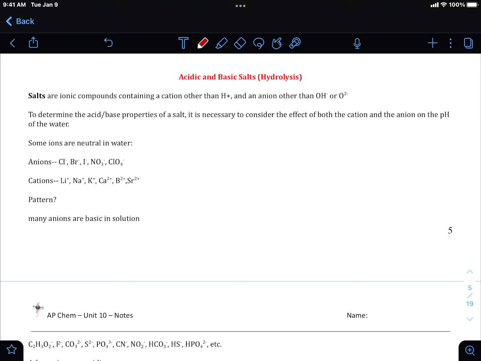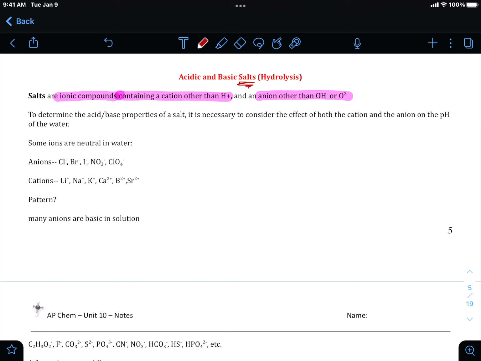The next thing is to talk about salts. First, let's identify what a salt is. A salt is an ionic compound that contains cations other than H plus and anions other than hydroxide and oxide.